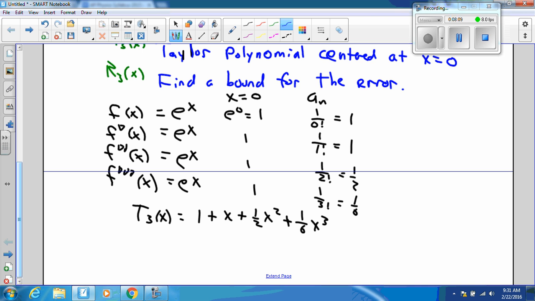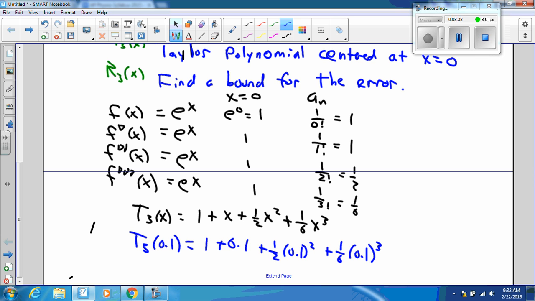Okay. Now, what about the remainder? What about our point, actually? We want to estimate e to the 0.1, so we're going to use our Taylor polynomial to estimate. And for some reason, my smart board is not smart today. So that would be 1 plus 0.1 plus a half of 0.1 squared plus a sixth of 0.1 cubed.